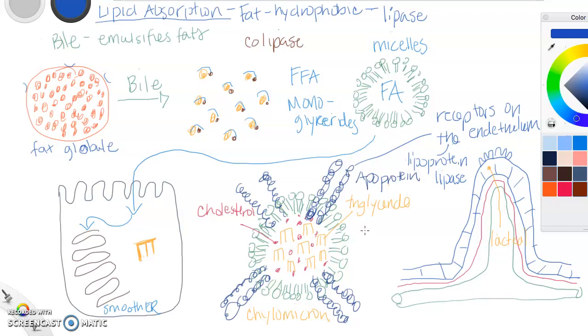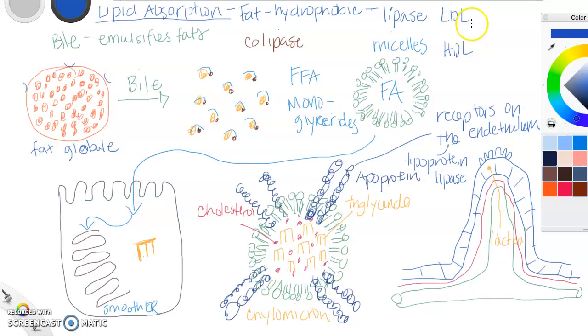Okay, so lipoproteins basically carry lipids around the body. There are basically five different types, but the main two that we are familiar with are the LDL and the HDL.